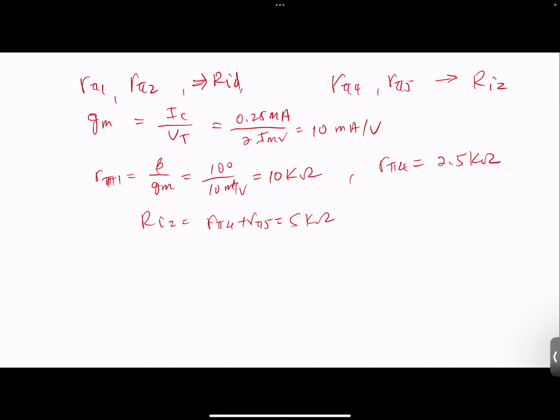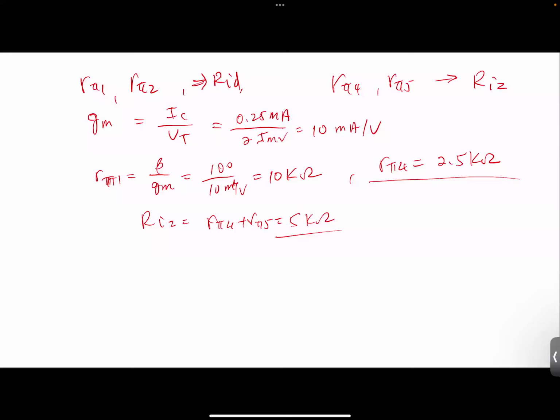If you review the book, it has 5.0 something. That's because they assume the current is in the emitter, not in the collector. But over here, I consider the collector and the emitter to have the same current. So therefore, I don't have that 0.52, but it's 0.5. So Ri4 is 5K. So that's what we get.